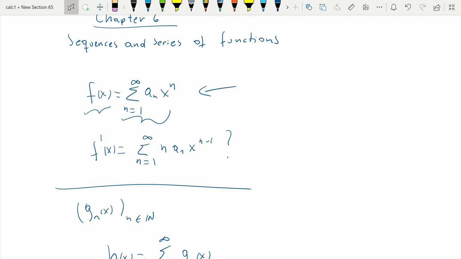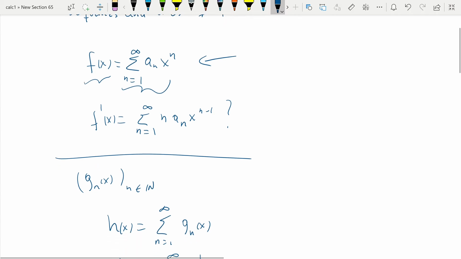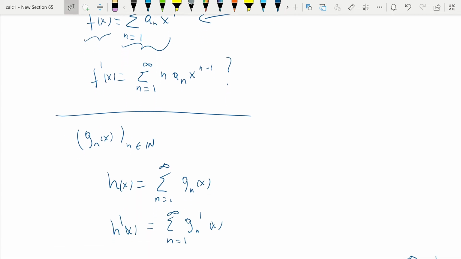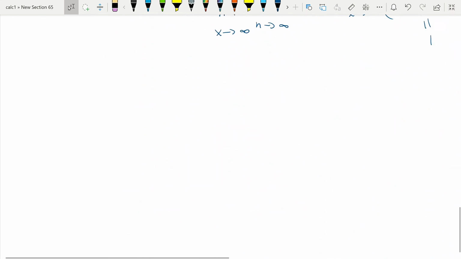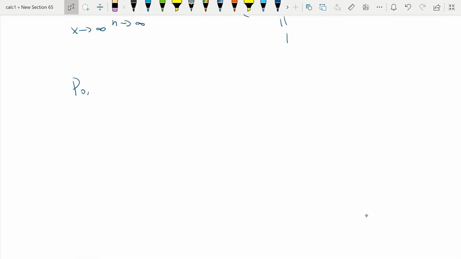And now, with that in mind, we can start introducing some definitions and some concepts that we'll need. One thing you already know has to do with the notion of convergence of a sequence, and that's what leads us to the definition of pointwise convergence.